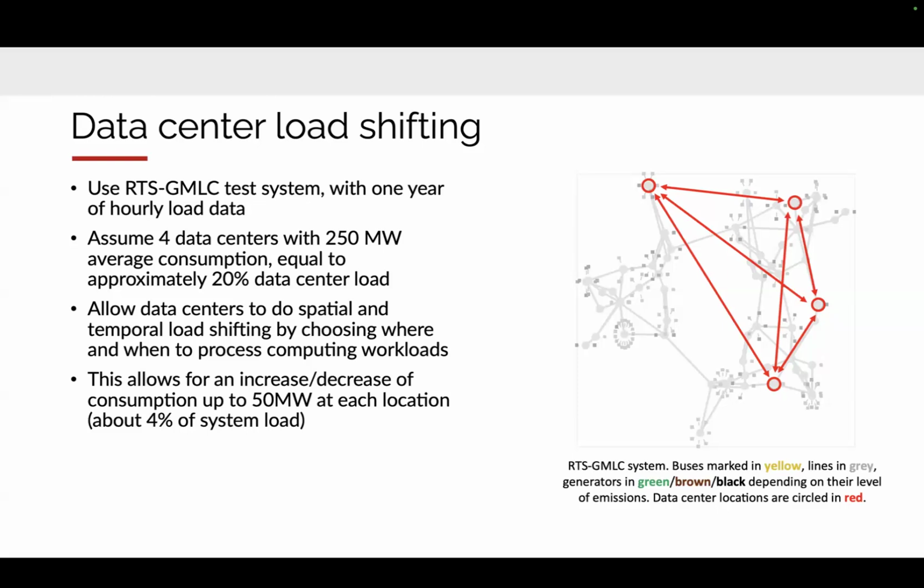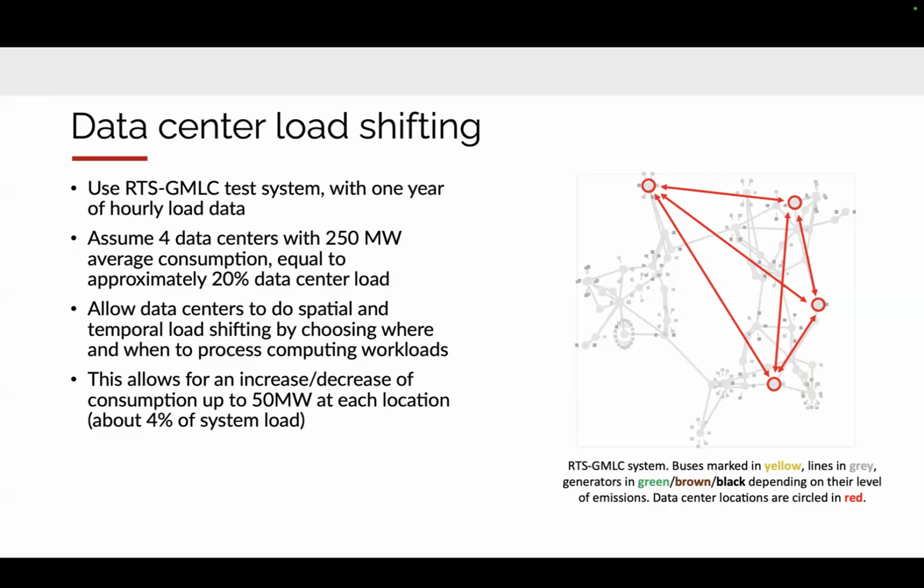Do you have any assumption on the cost of shifting load temporally or spatially? We don't have that integrated here directly, so we haven't made any assumptions in what I am presenting right now.